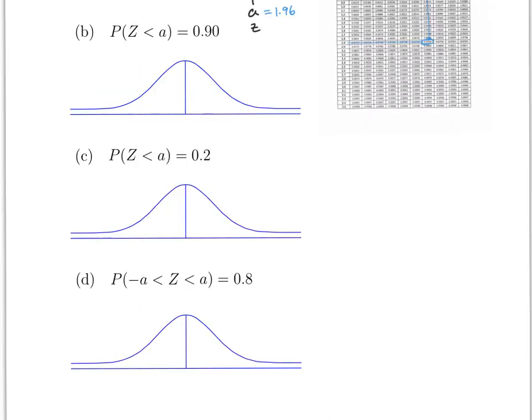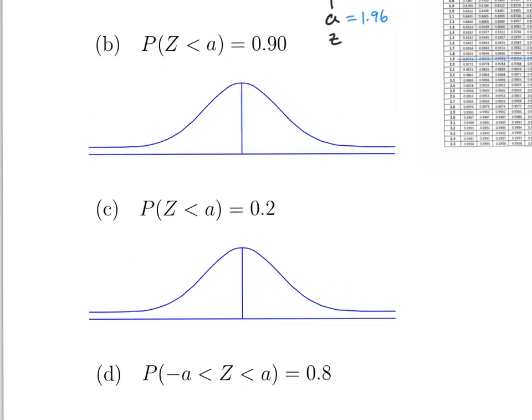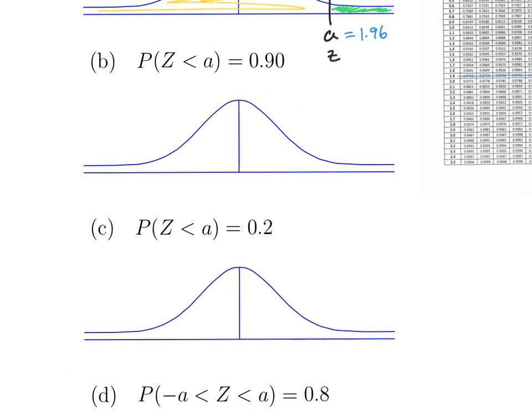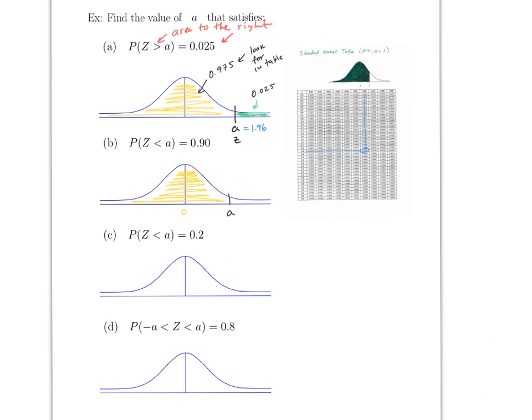So this is for part B, this is telling you already what? That A is here, right? And it's literally giving you the yellow area, right? It's telling you this is 0.9. So therefore, you have to look for 0.9. Now, 0.9 is not precisely on the table, so you have to find whatever is the closest thing to 0.9.